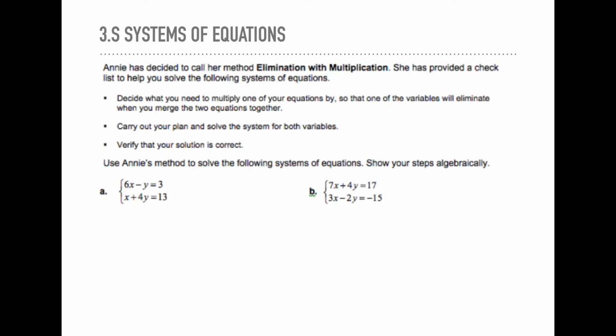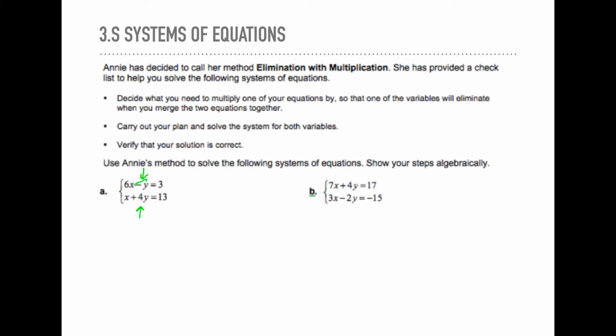And as you can see here, we want to first decide which equation we're going to multiply by so that we get a variable to eliminate. So right now I'm seeing that this top equation says a negative y, and this bottom equation says a plus 4y. So what would I need in order to make those y's cancel?